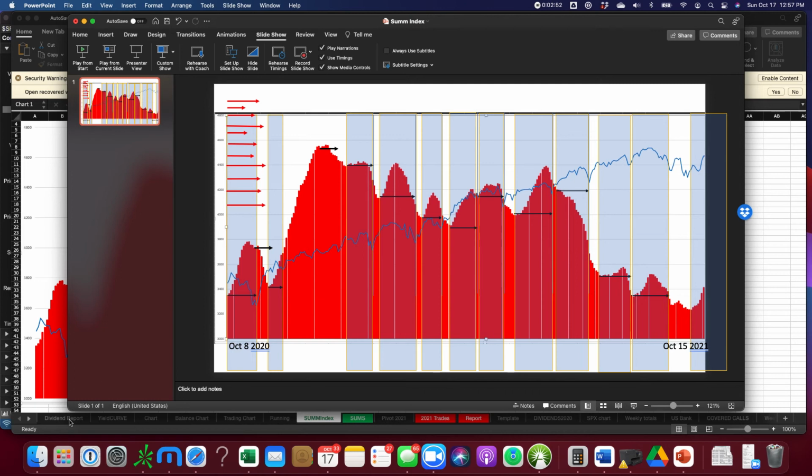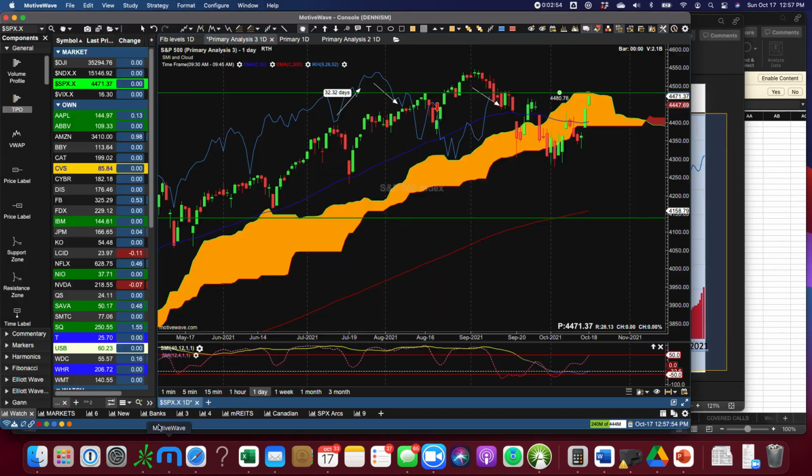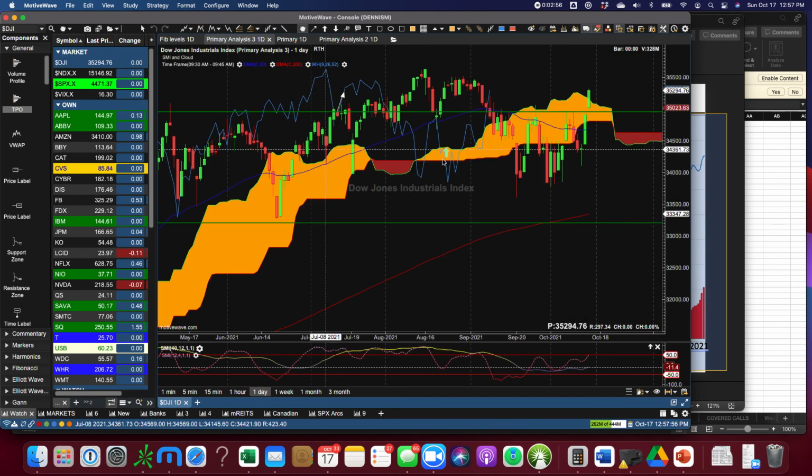In the charts, we're using the Ichimoku trading system. Let's look at the Dow Jones. The Dow Jones candle lifted itself up over the cloud after breaking through the 50 and then coming up above it. The Chiku span is above the candles.